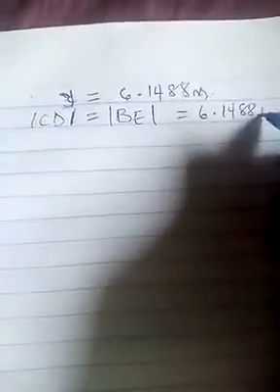So if length CD is 6.1488, then length BE will also be 6.1488 meter. We are not through yet, so we have only gotten a part of what we are looking for.